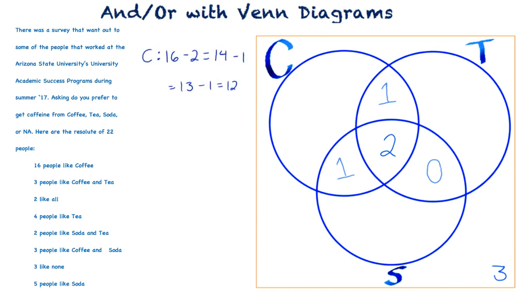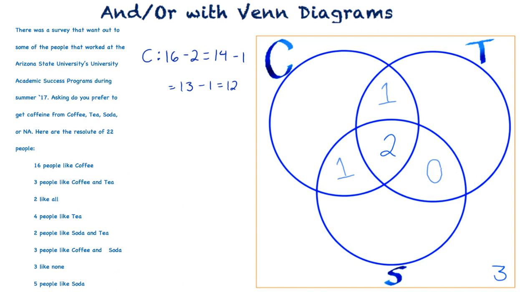For example, coffee would be 16 minus 2 for the people who prefer all 3, which is 14, minus 1 for the people that like coffee and tea, and that is 13. And finally, we minus 1 for the people that like coffee and soda. Again, we get the result of 12.